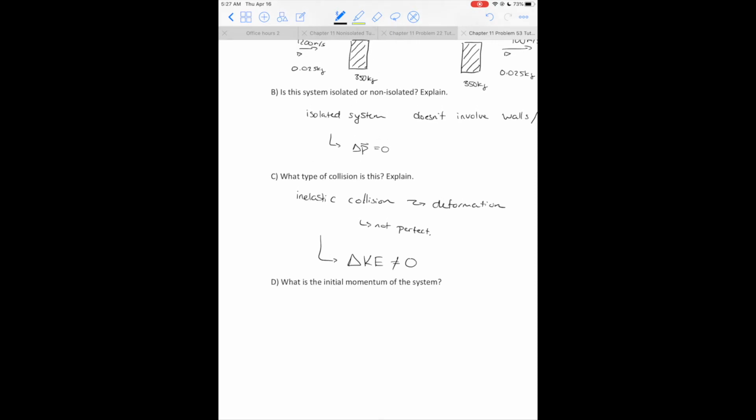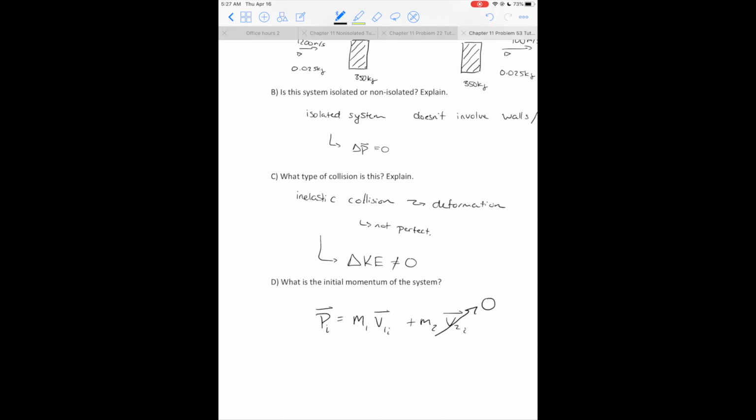So what's the initial momentum of the system? Well, the initial momentum of the system is m1 v1I plus m2 v2I. But v2I is 0.